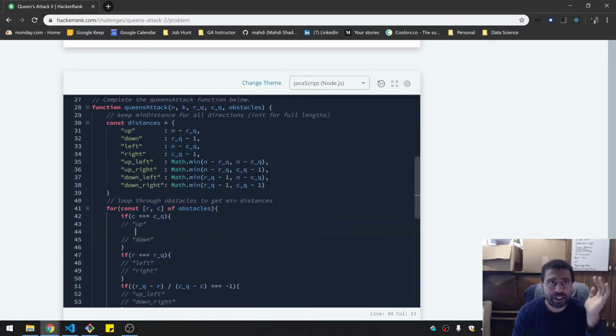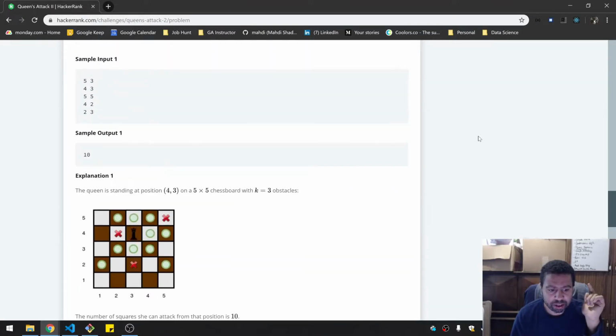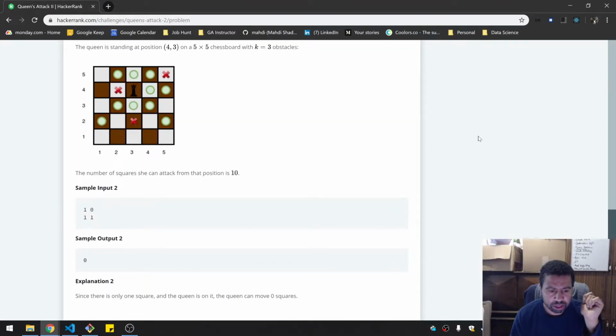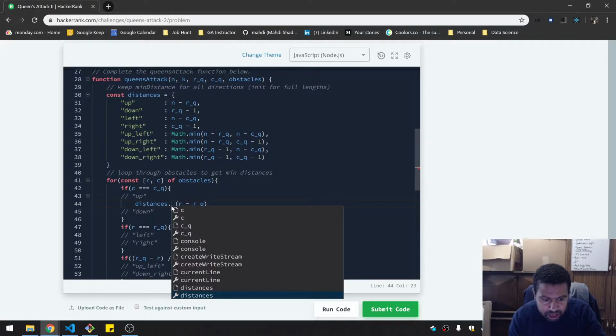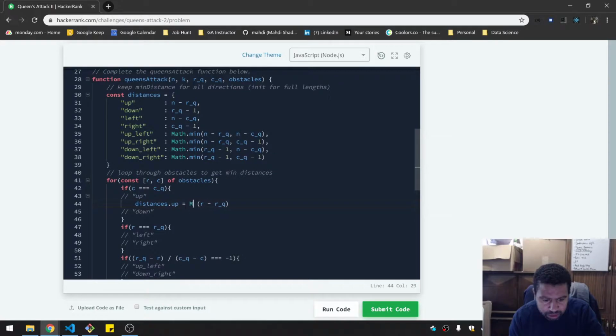Okay. If you're above it, if you're up, that means you're a higher number. So I need to find the difference between that number and CQ, RQ. So R minus RQ. Okay, cool. So distance, I'm going to do distances dot up is equal to math dot min of distances dot up and that.